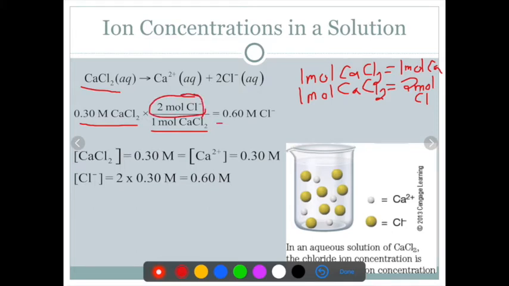So here I just multiply it by 2 because that's what the subscript was on chlorine, and the concentration of chlorine ions is 0.6 molar. Okay, so pretty much all you have to do is multiply the concentration of the solution by the subscript in the compound.